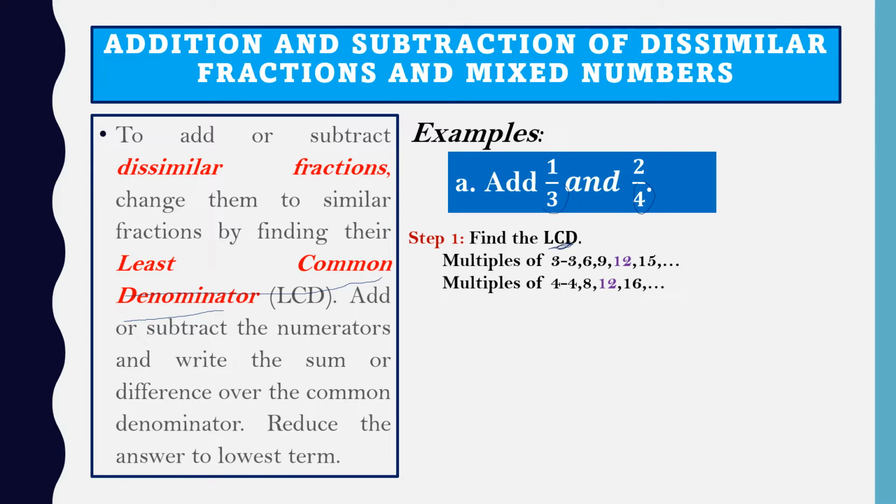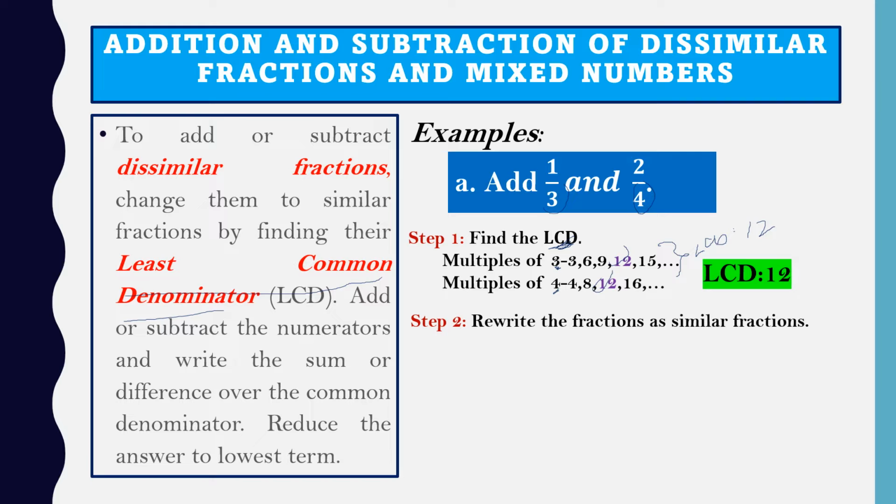For us to get the LCD, we list down the multiples of our denominators. So we have here the list of the multiples of 3 and the list of the multiples of 4. The common number here is 12. That's why the LCD here is 12, least common denominator.